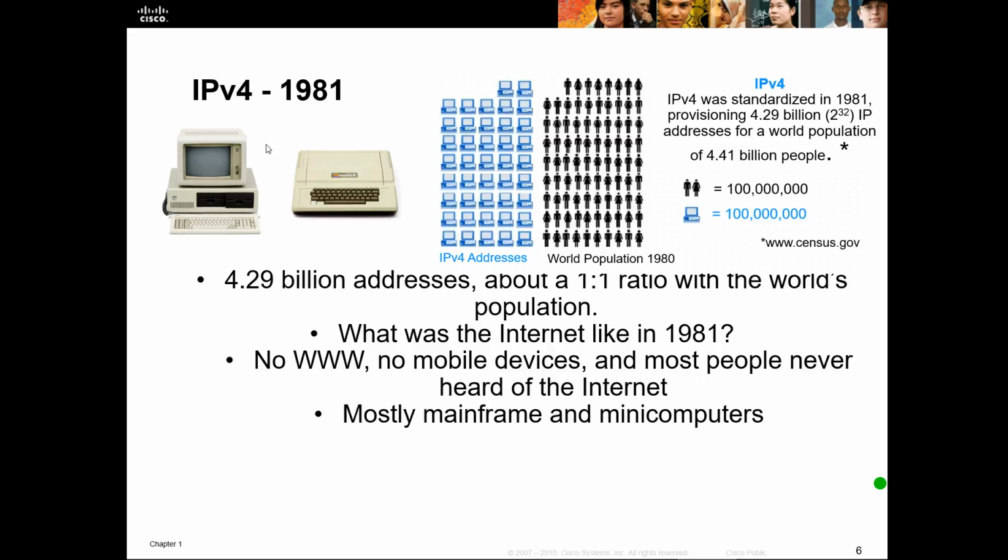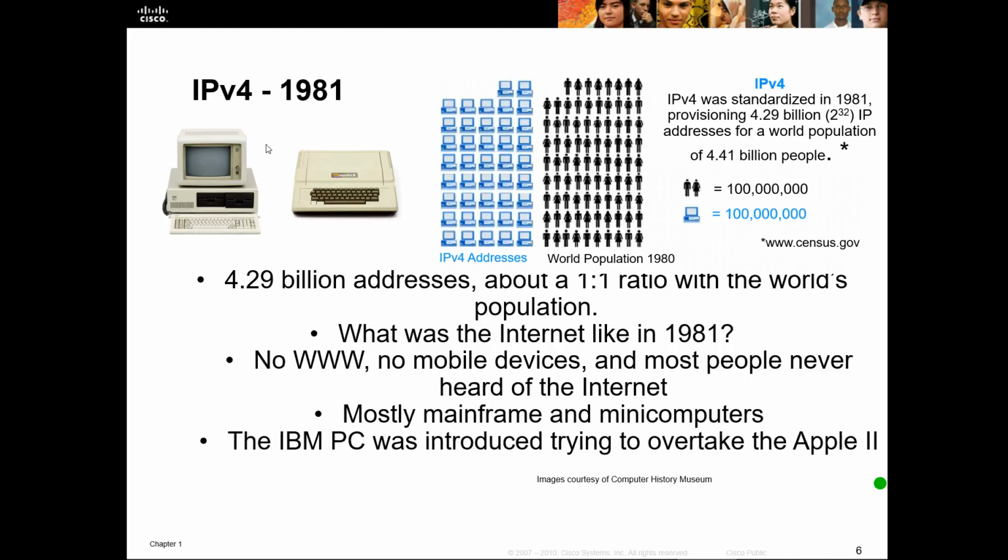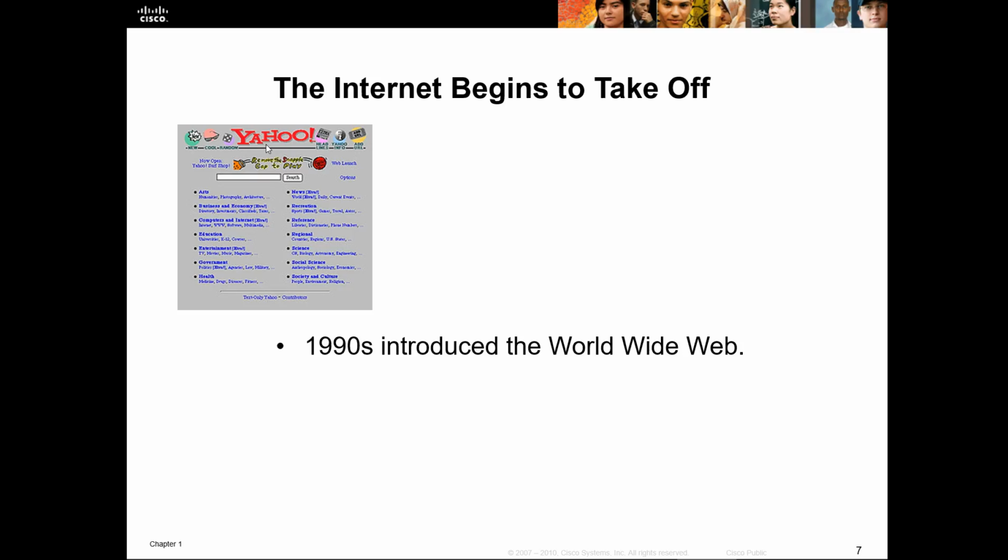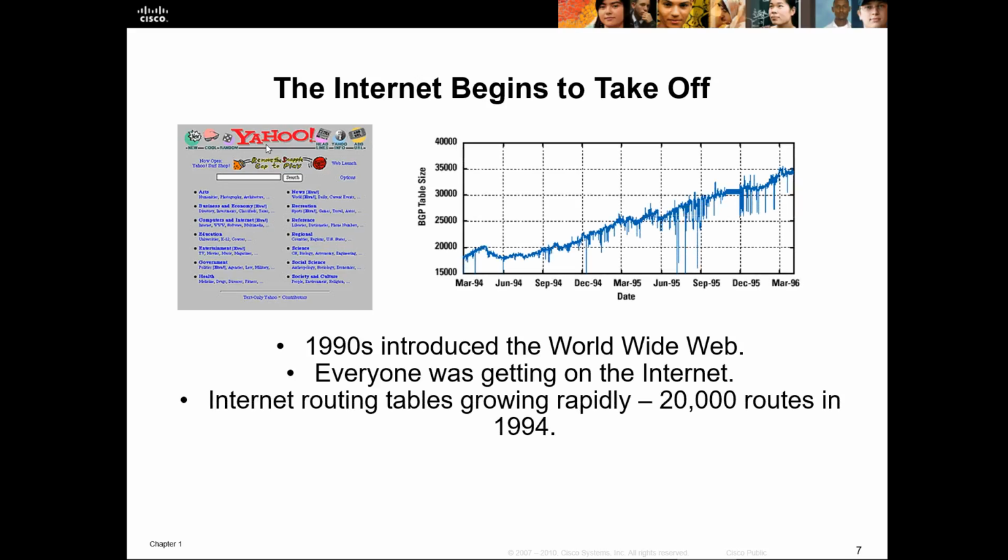So most of the time we're dealing with mainframes and minicomputers. However, with IBM's introduction to the Apple II, the internet started to take off. Things like Yahoo, the World Wide Web, what we think of as the internet now, started taking off in the early 90s. That meant everyone was getting on the internet. That meant rapid, steady growth in the first few years of the early 90s.